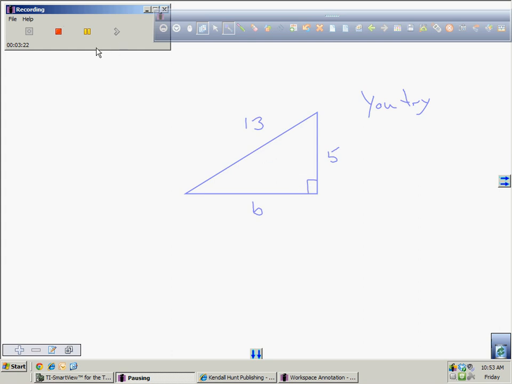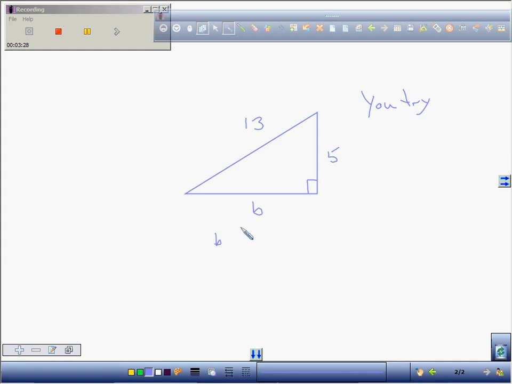So in this case, you have to be a little bit careful because this is not the hypotenuse. So you have to set it up as b squared plus 5 squared equals 13 squared. 5 squared is 25. 13 squared is 169.